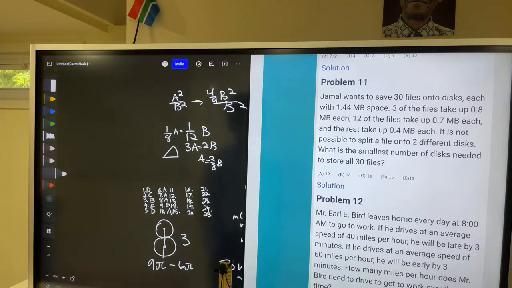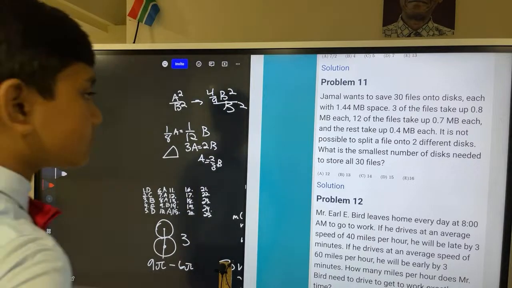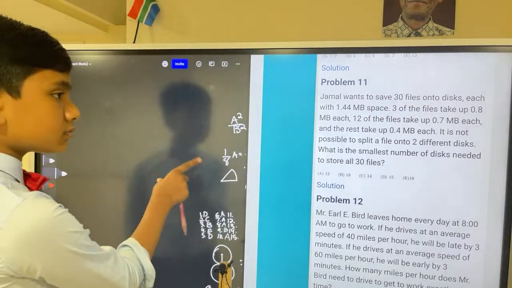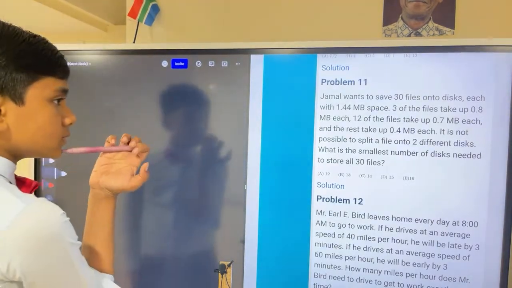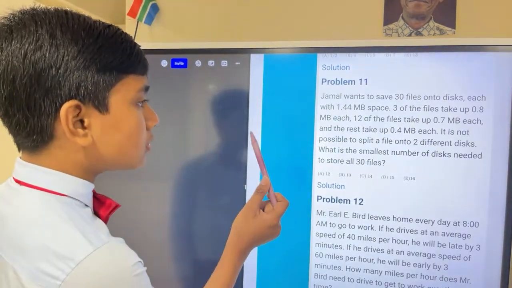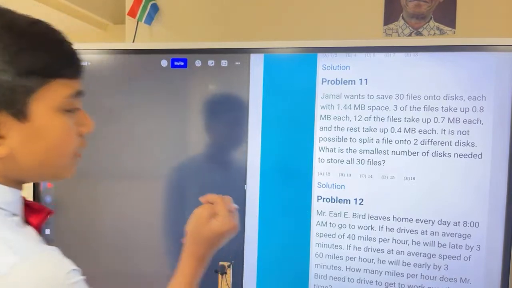Okay. The rest take up 0.4 megabytes each. So, 12 of the files.